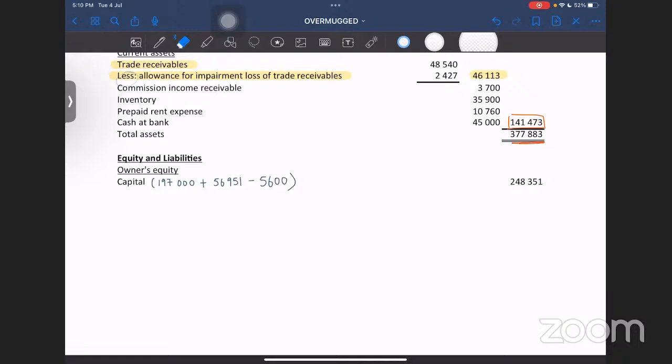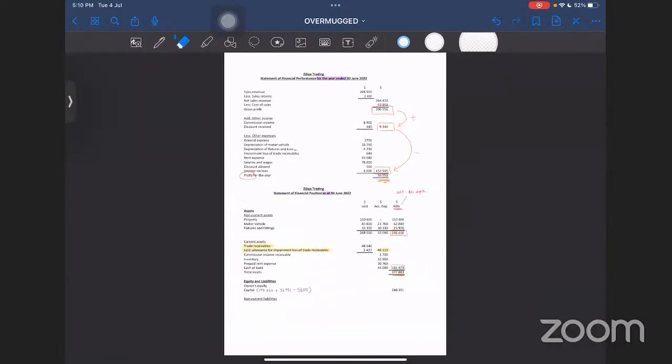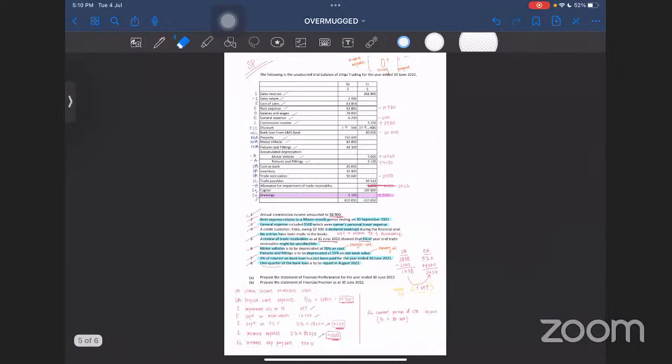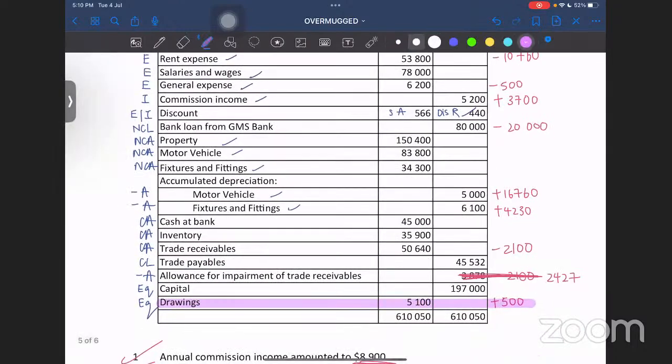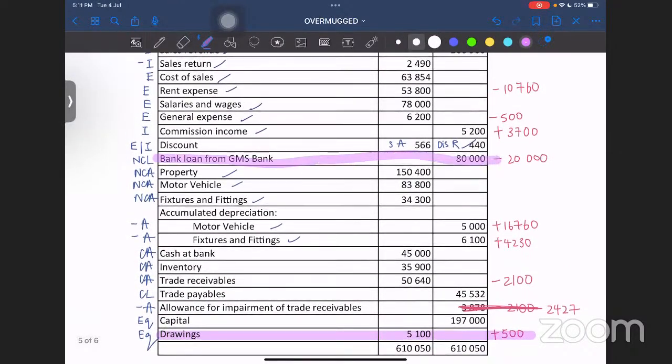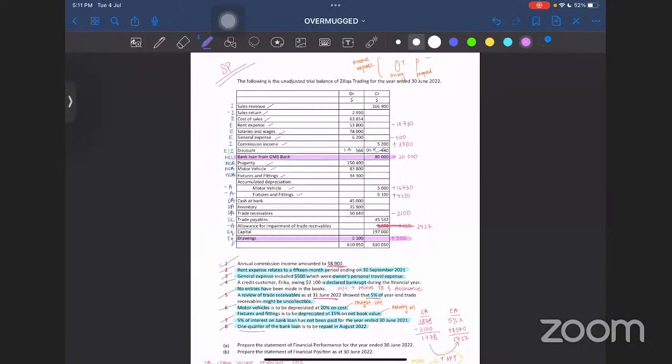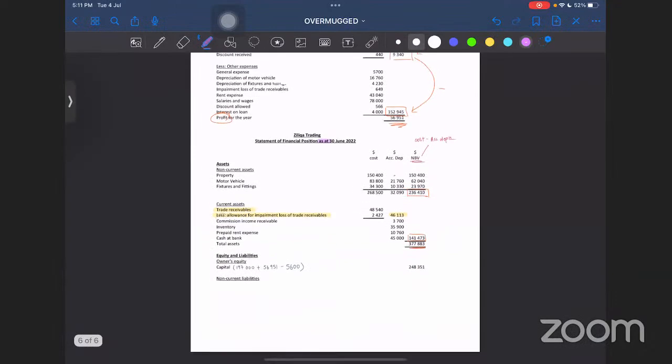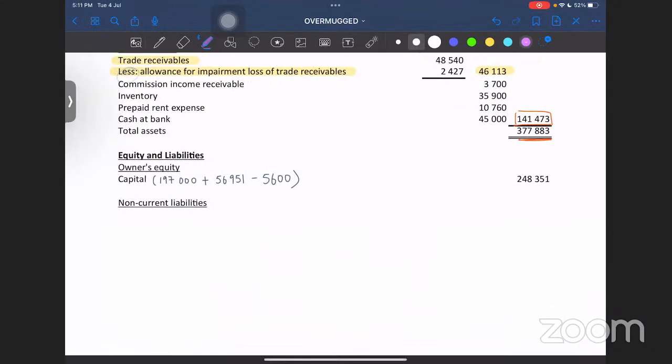Okay, next part, non-current liabilities. So non-current liability, 99.9999% of the time, will only have one thing, which is your loan, your bank loan, your mortgage loan. Okay, usually only one thing. Okay, so for bank loan, mortgage loan, whatever loan, as long as you see the word loan, you cannot write loan.